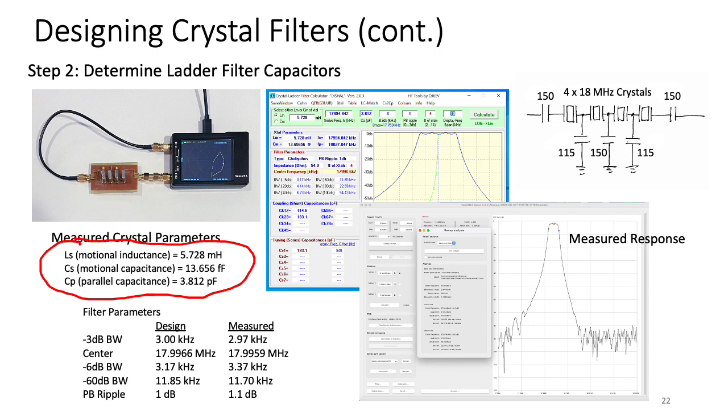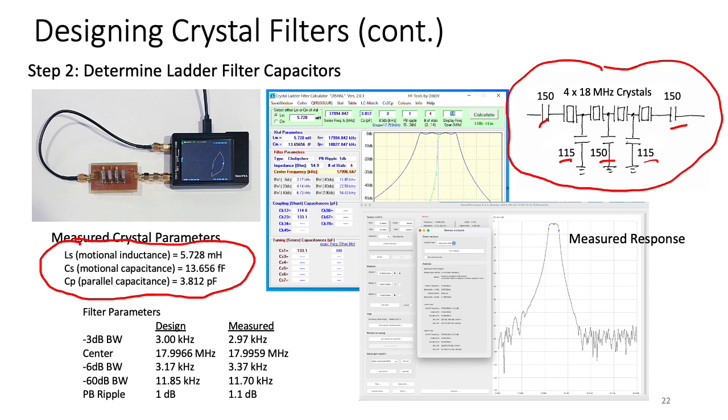Once I have those three parameters, I can place them into a crystal ladder filter calculator, and the references to that were in the previous view graph. Those parameters then will generate a set of capacitor values, in this case roughly 150 pF, 150 pF, and 115 pF for the shunting ones.